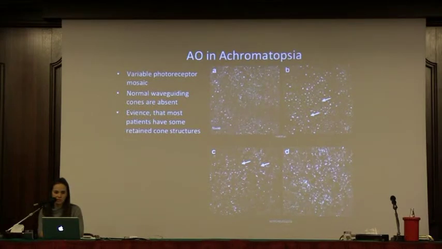What we can see is that the photoreceptor mosaic is changed in achromatopsia patients, and normal wave-guiding cones are not there. But we do see that there are cone structures which are still there, so there is a significant hope that these cells can one day be treated in gene therapy trials.